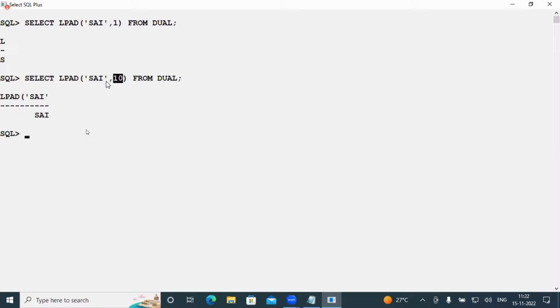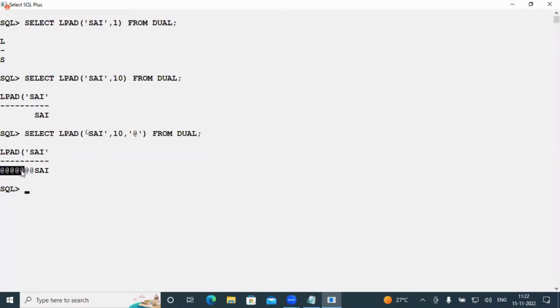Got my point? But why should I keep these 7 spaces? Instead, I can give a special character, for example the at-the-rate symbol. Any one character works. Now we can see the at-the-rate symbol added 7 times to the left side of the given string.